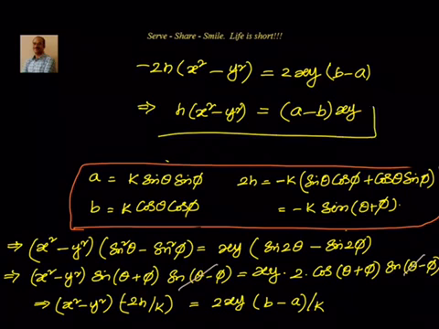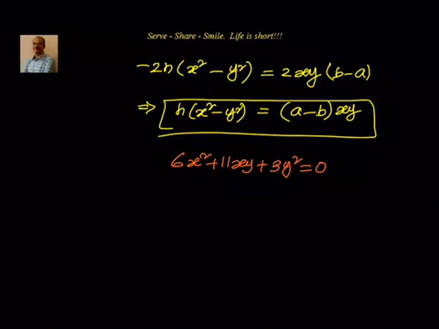Now let's do one simple example where we have been given a second degree homogeneous equation. We have to find out the equation of the pair of bisectors. One simple problem we will do. 6x square plus 11xy plus 3y square equal to 0. We have to find out the equation of pair of bisectors of the angle between the pair of straight lines given by 6x square plus 11xy plus 3y square.